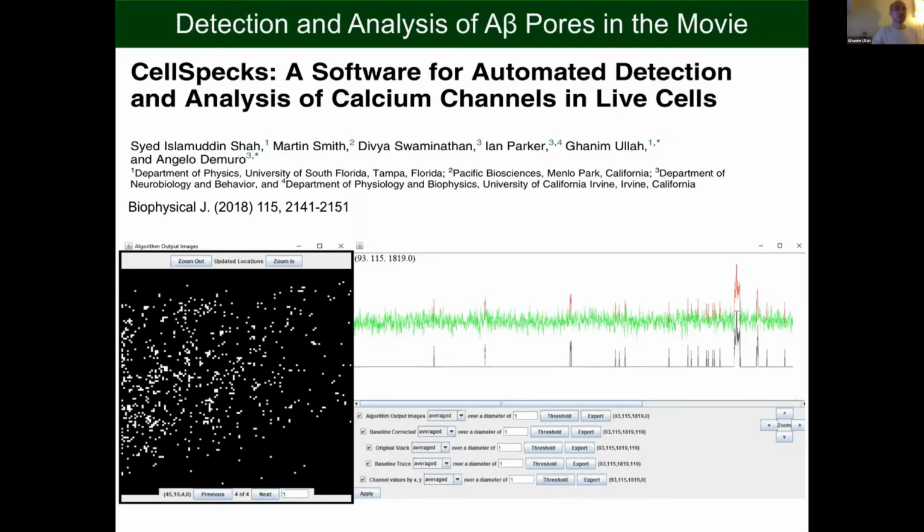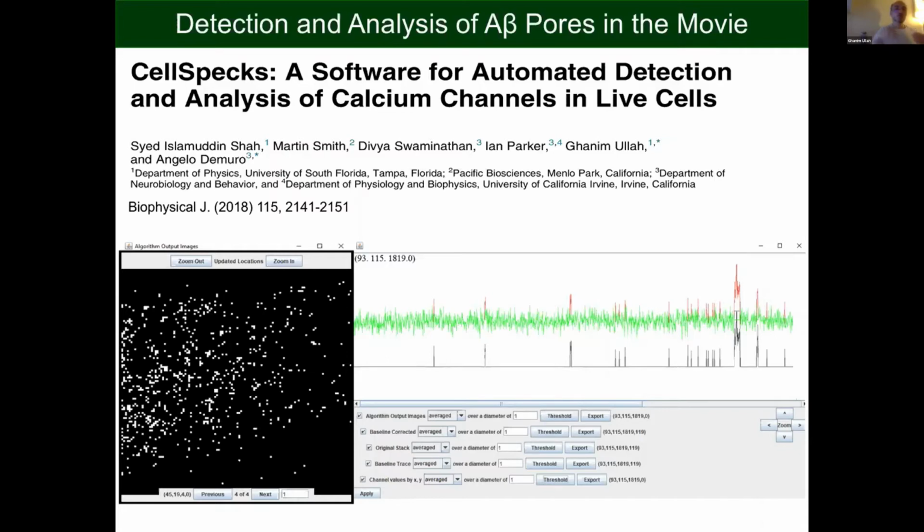The bright spots are the pores in the membrane. Then you can just click on each pore and it will give you a time trace, which shows how the fluorescence, or the calcium flux through these pores, is behaving over time. When the fluorescence goes up, that means the pore is open. When it goes down, it means the pore is closed.